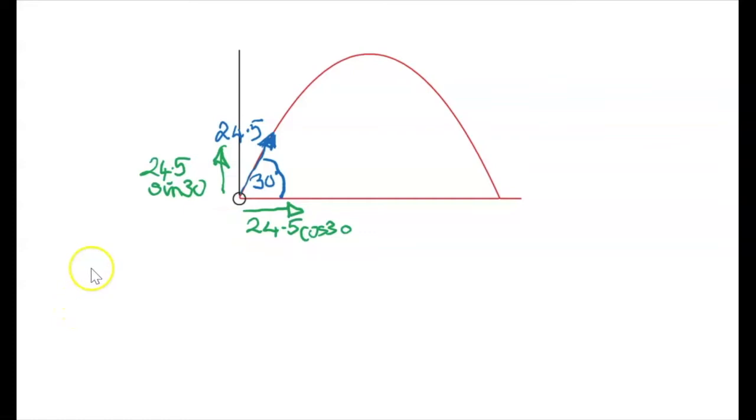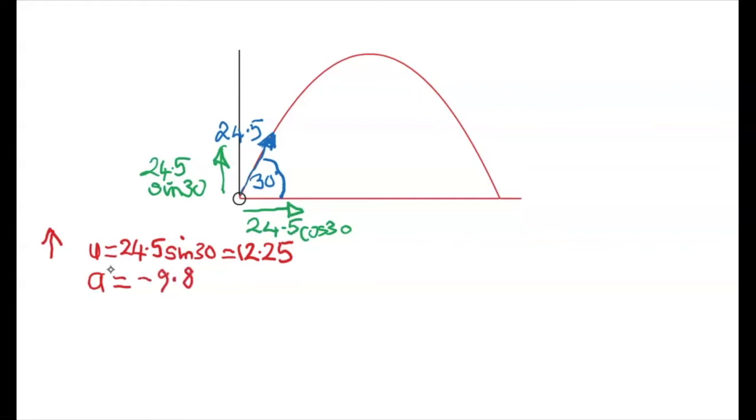If we look at what's happening vertically, u is 24.5 sin 30, which is 12.25. The acceleration is minus 9.8.